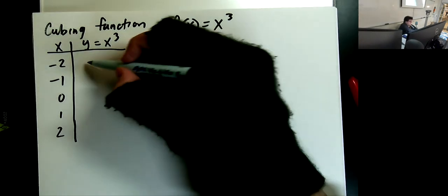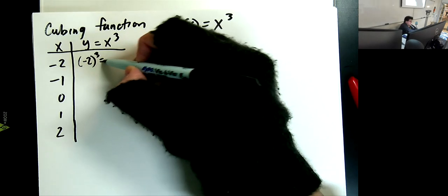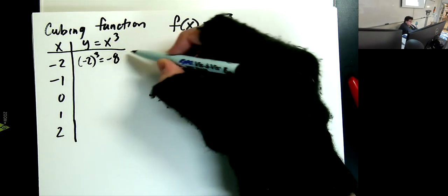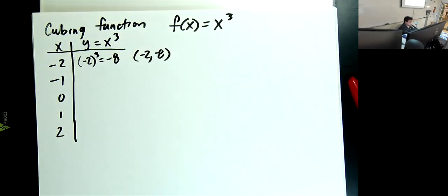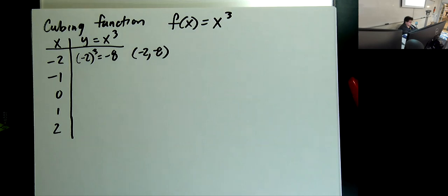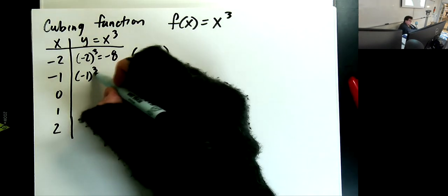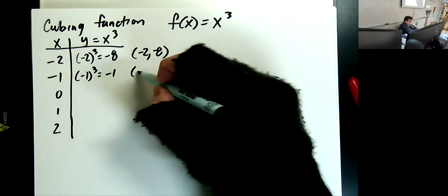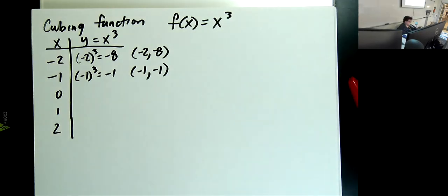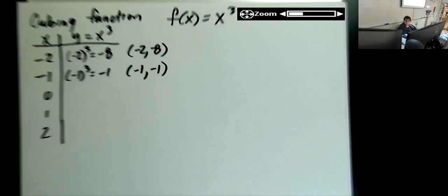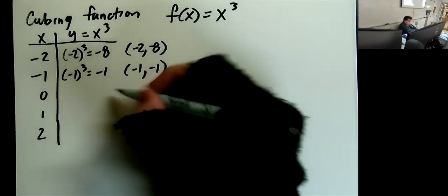If I cube -2, I get -8. So -2, -8 is a point. I cube -1, I get -1. So -1, -1 is the point. Cubing 0 is 0.